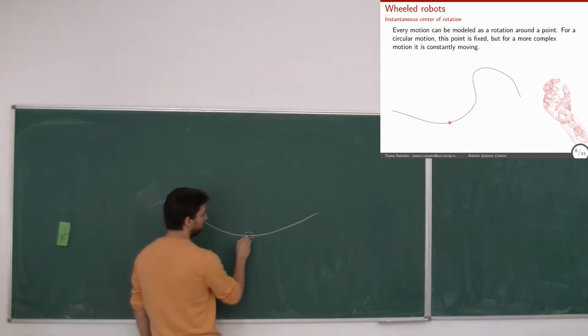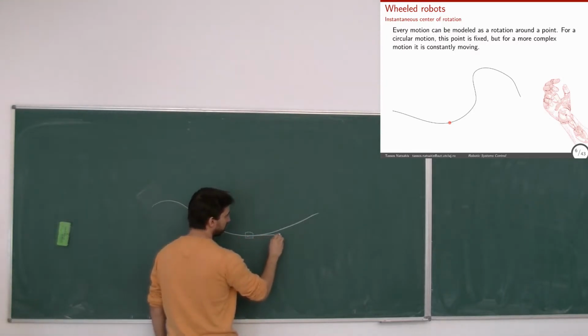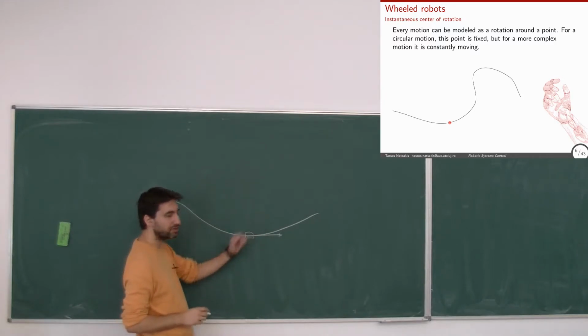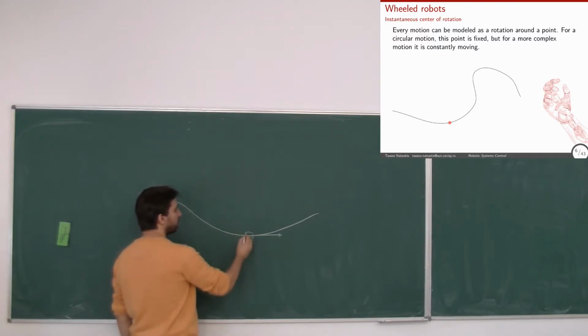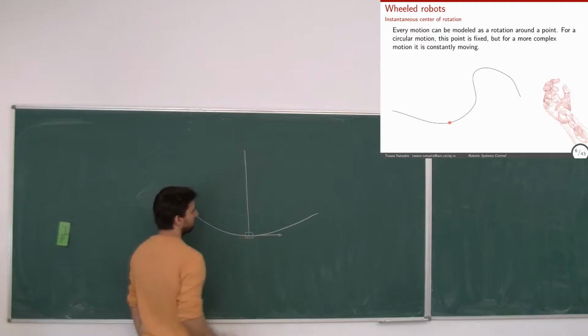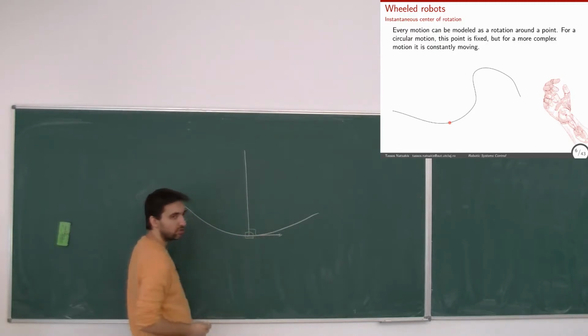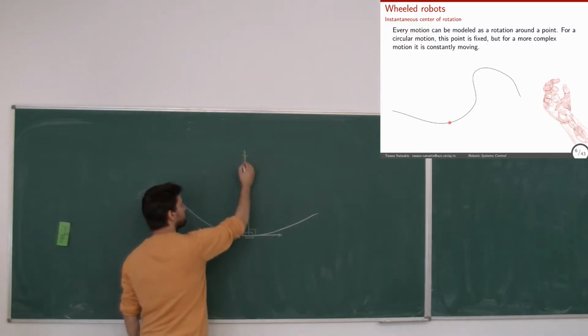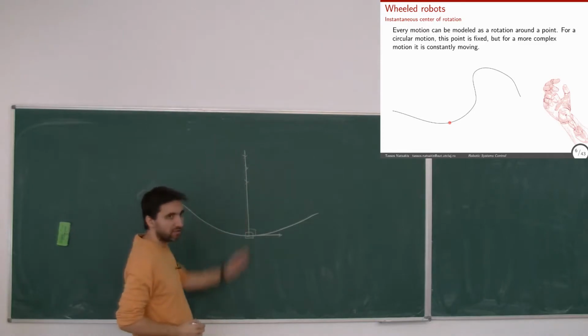I take a derivative, the direction of motion, so the velocity in a way, and I take a perpendicular to that, and that will show me the current point where the robot is rotating around. Okay? But where is it along this line?